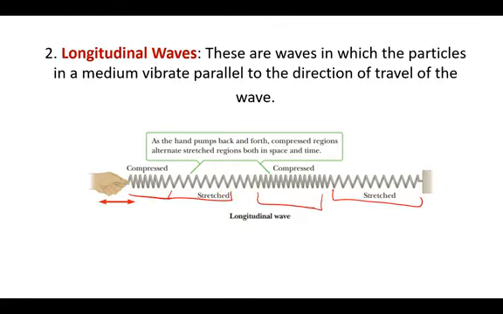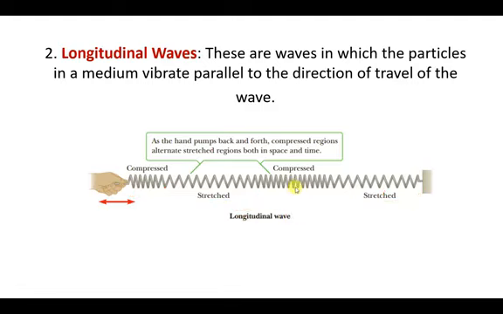This compressed part will be moving. It will start from there, going this side. At one point it will be here, at another point you see it somewhere there, and after a few seconds you see it coming back this side.